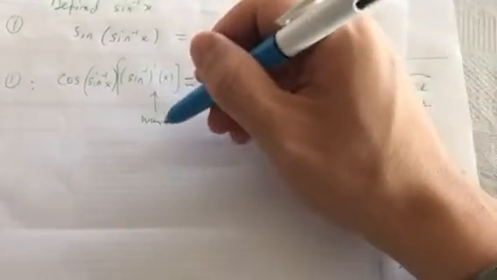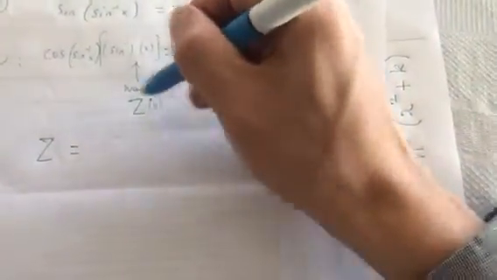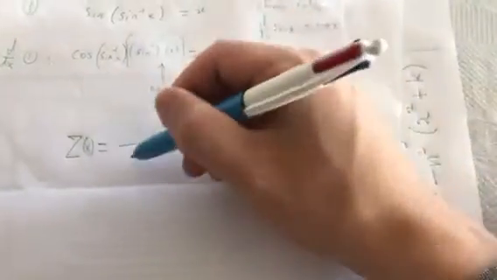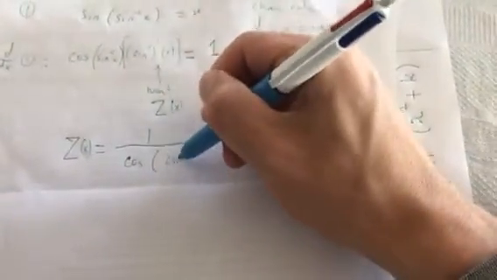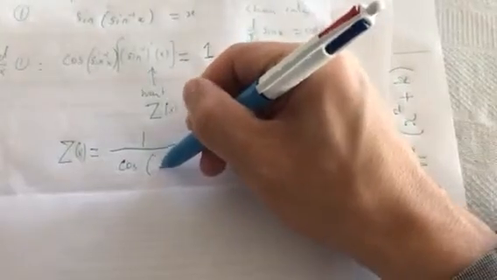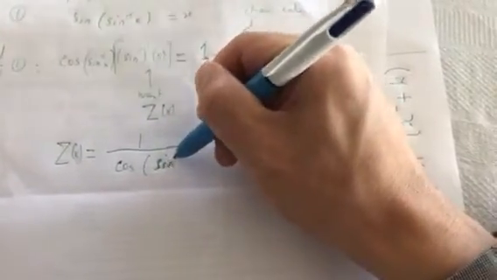Maybe we call it z or something. So then, the thing we actually want, z of x, is equal to 1 over cosine of inverse sine of x, right?